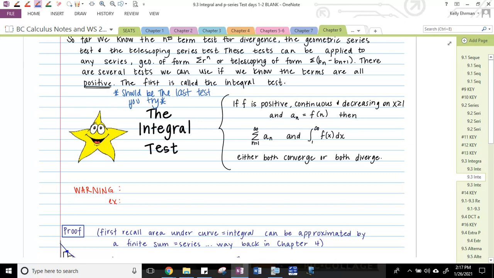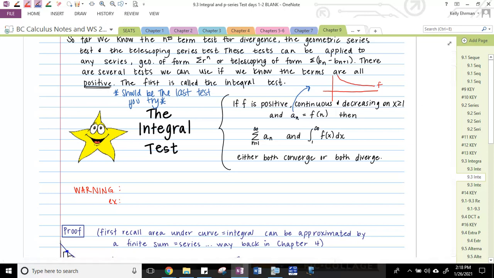If our function f is positive, continuous, and decreasing on the interval x greater than or equal to 1, and if the sequence is equal to f of n, so let's do a quick picture of what that means. Give yourself a sketch of a positive decreasing function. Mine just looks like this. That's f.